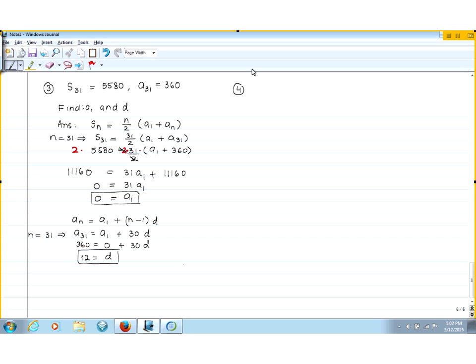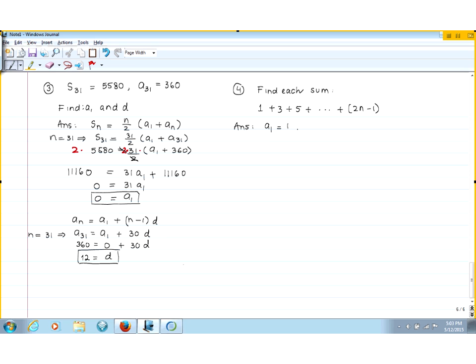We could do one more, which is number 4. Find each sum. So 1 plus 3 plus 5 plus dot dot dot plus (2n minus 1). So let's see, what is this?